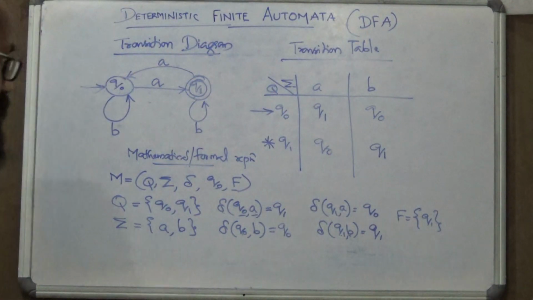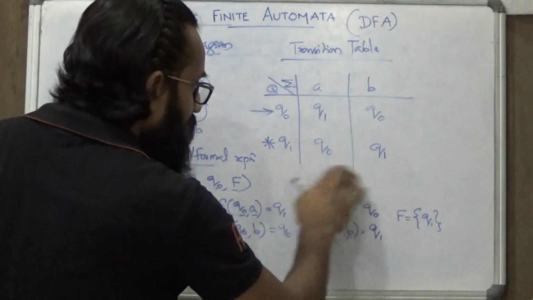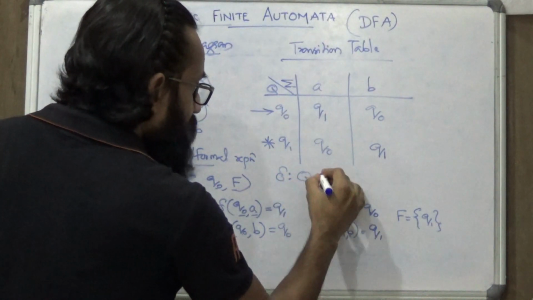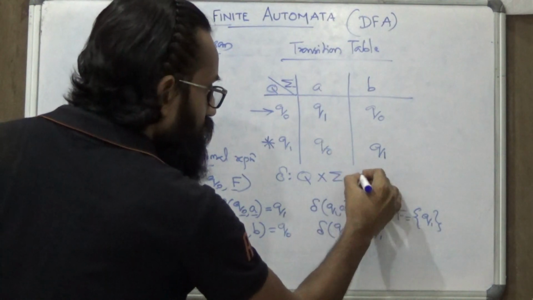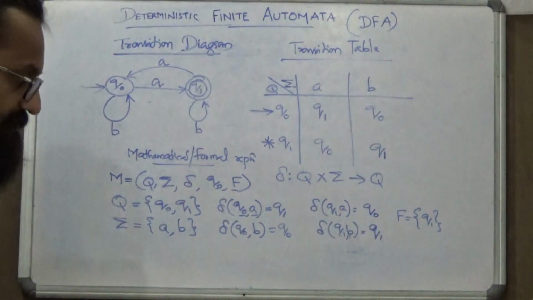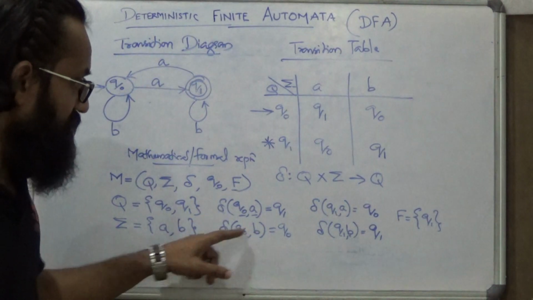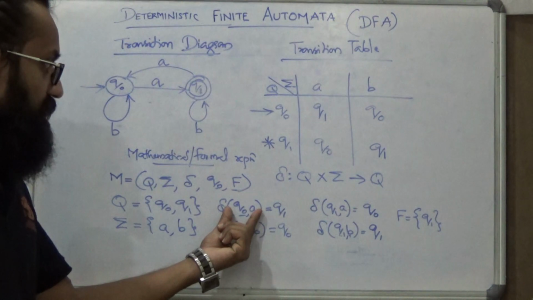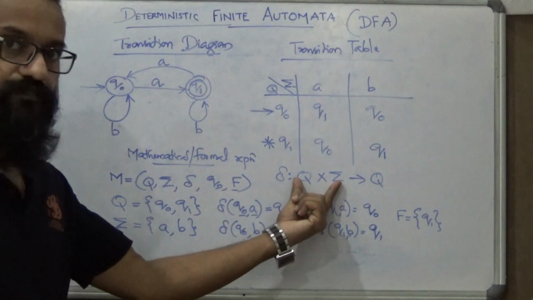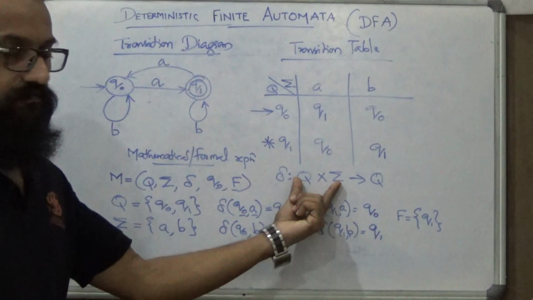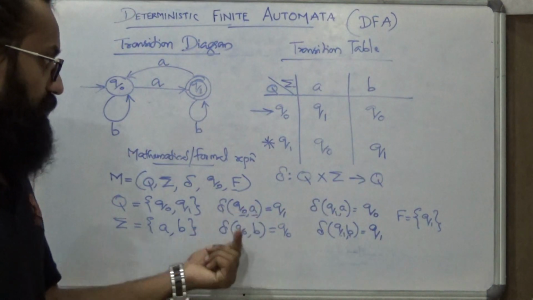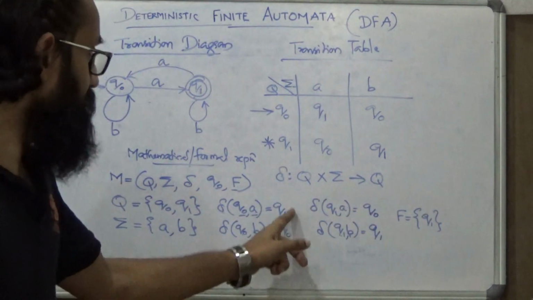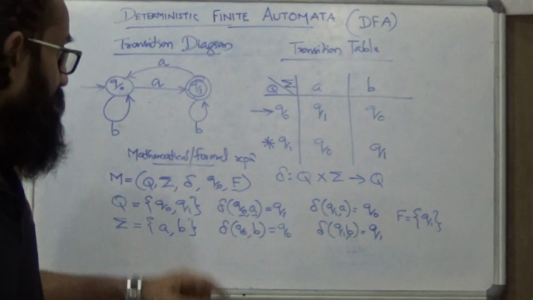Now in the formal definition I have mentioned that delta is the transition function that maps from Q cross sigma to Q. What is the reason? If I take these transition functions, the left-hand side is an element that belongs to Q cross sigma, meaning (Q0, A), (Q0, B), (Q1, A), (Q1, B). And the right-hand side is an element that belongs to the set of states.